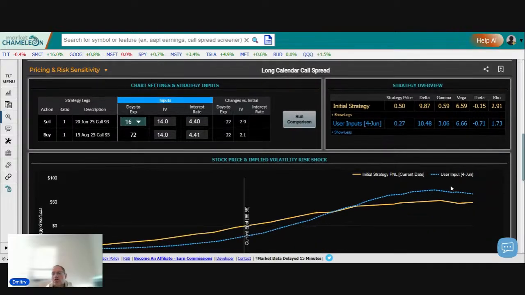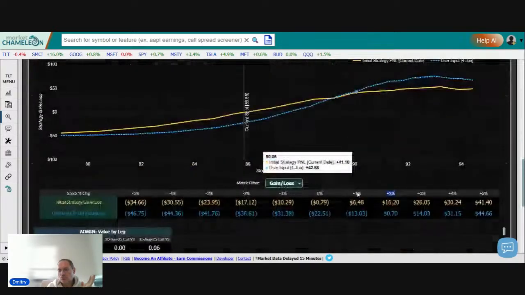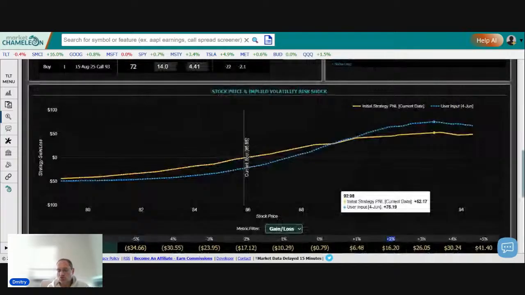So these are ways to look at a calendar spread and start to test out the sensitivities, run your analysis to see, well, what if scenarios? What if my outlook is correct, what do I stand to make or lose?